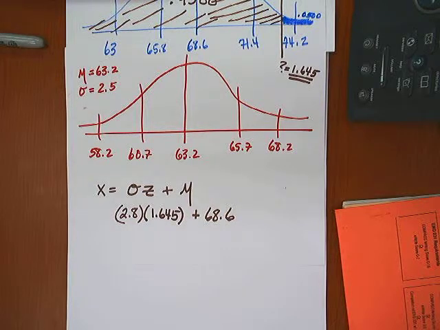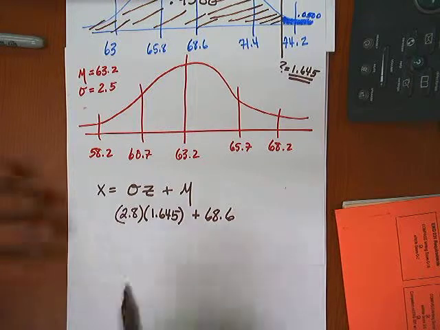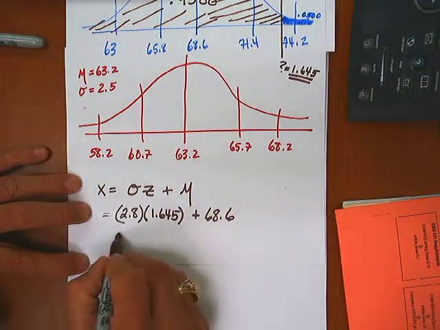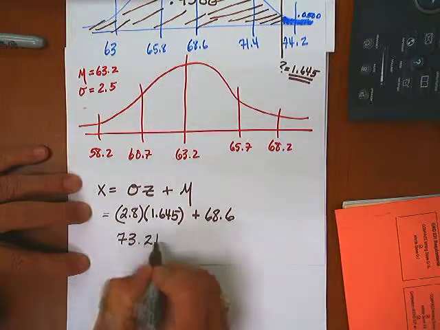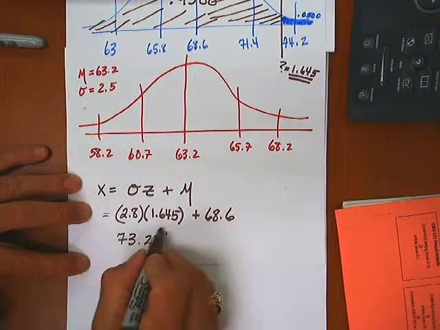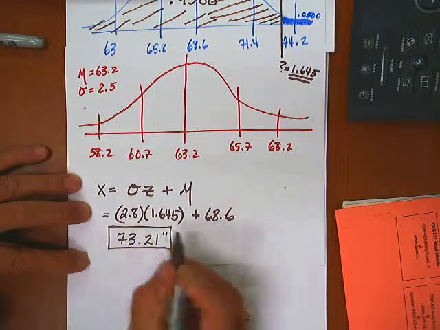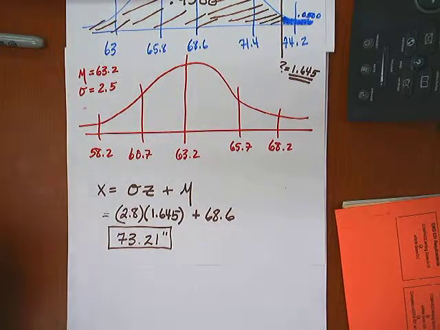So that will be 2.8 times 1.645, and that's going to give us 4.606 plus 68.6, and I get 73.21 inches. 73.21 inches, and that is the height of the doorway that will accommodate 95% of the men.